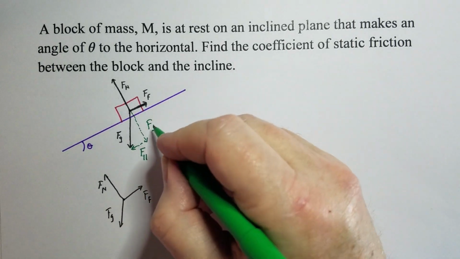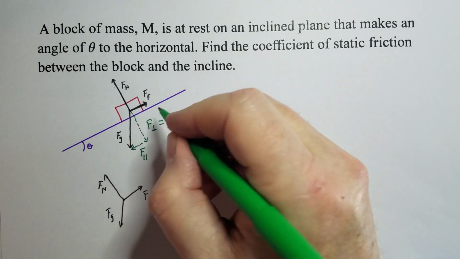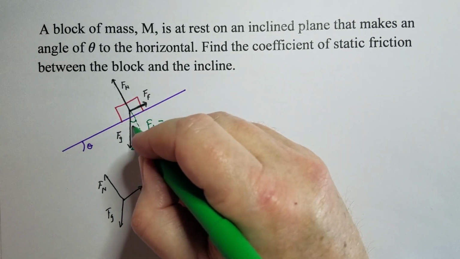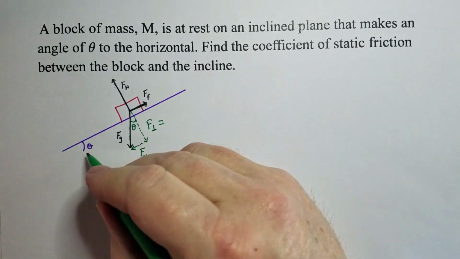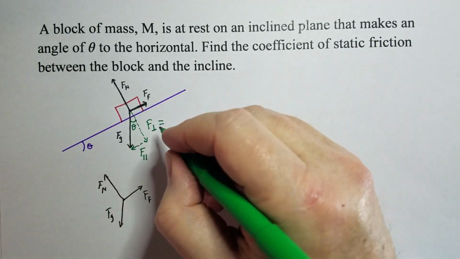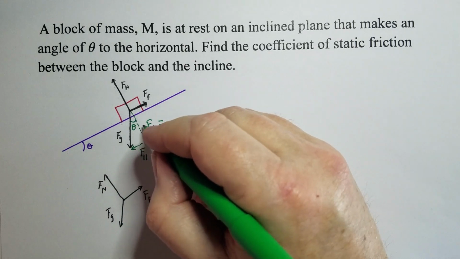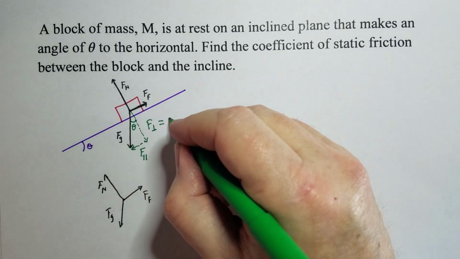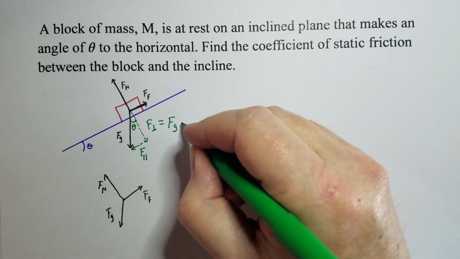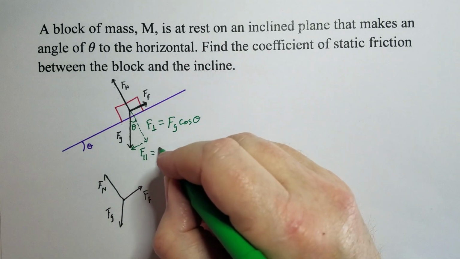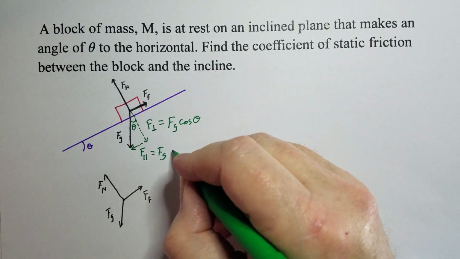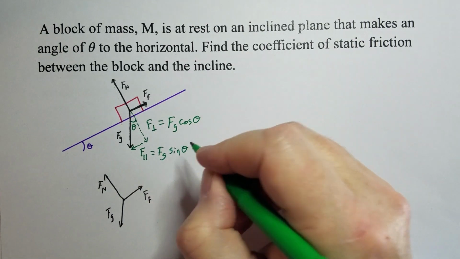Through the magic of geometry, this angle is the same as that one because they're similar triangles. So the perpendicular side, which is this side, is going to be Fg cosine of theta, and the parallel one is going to be Fg sine of theta.